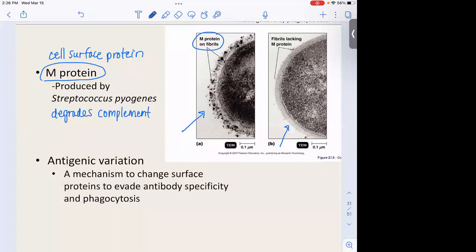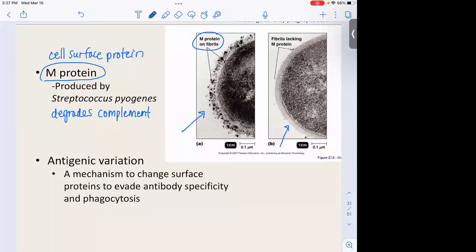I know we haven't talked about complement yet, but complement are proteins that our immune system makes that bind to pathogens, so our phagocytes have an easier time phagocytizing them. So basically, the proteins that we make to bind to the bacterial cell are not going to be able to bind because of this M protein that the strep pyogenes can make.